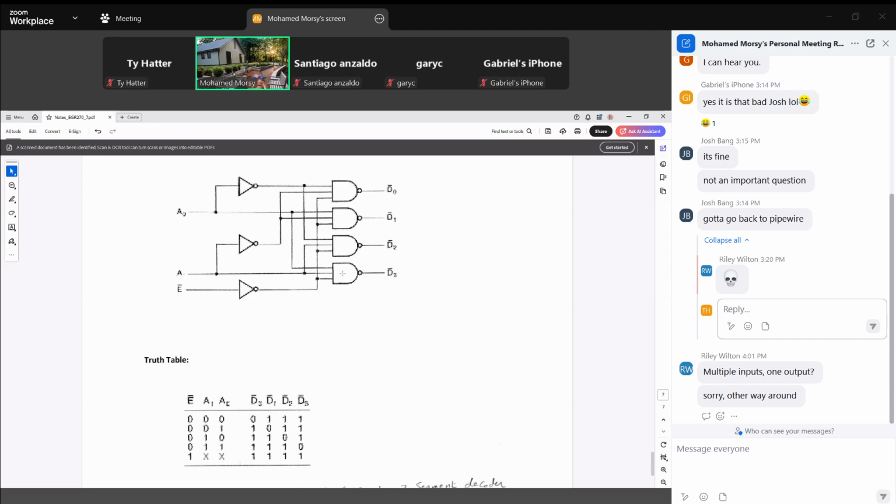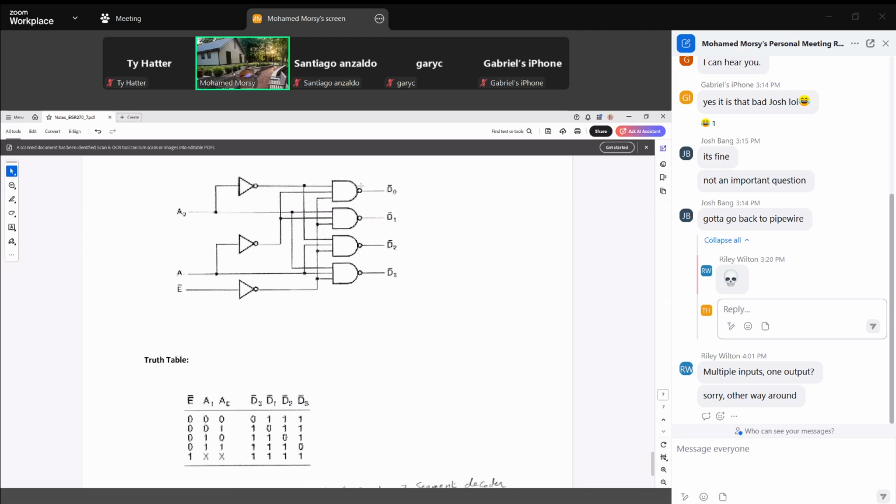And we have an inverter here because this is a NAND gate, so this inverts 0 to 1. So D3 will be 1. Also, we have 0 input here, so D2 will be 1. Also, we have 0 input here, so D1 will be 1. D1 inverted, I mean, this output will be 1.